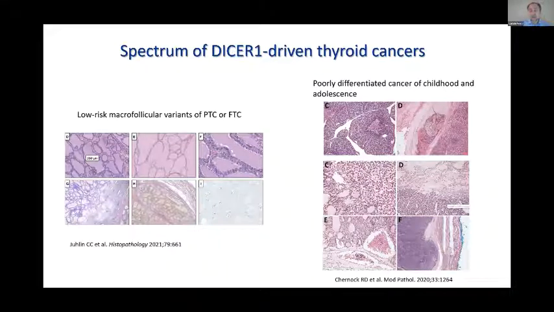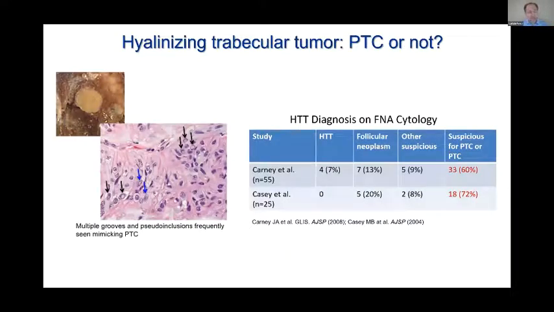And finally, a few words about the tumor called hyalinizing trabecular tumor. This tumor has nuclear features of PTC, and therefore on cytology it's frequently diagnosed as suspicious for PTC or PTC. And there has been a 20-year debate whether this is a variant of papillary thyroid carcinoma or not.